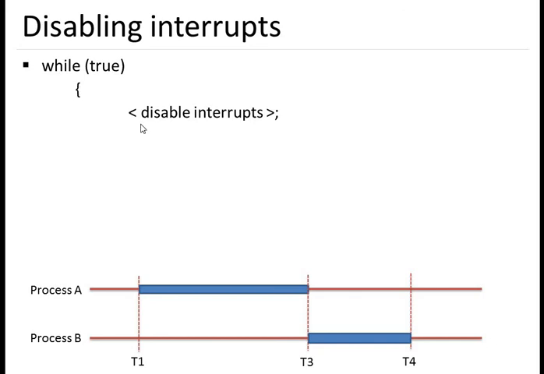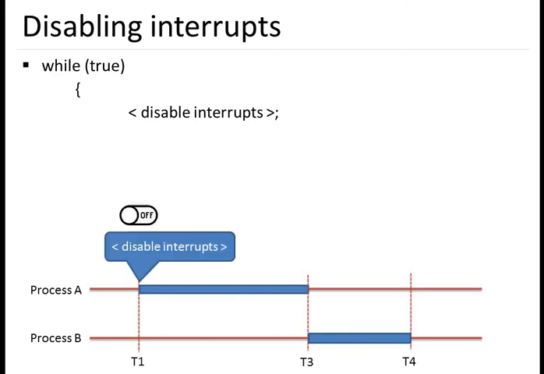Okay, so in these brackets, disable interrupt. So what does it mean? If the condition is true, then you have to disable the interrupt. When you disable the interrupt, that means whatever process is currently running cannot be interrupted by any external event, external signal or arrival of any new process.